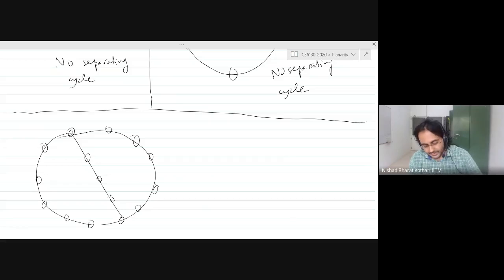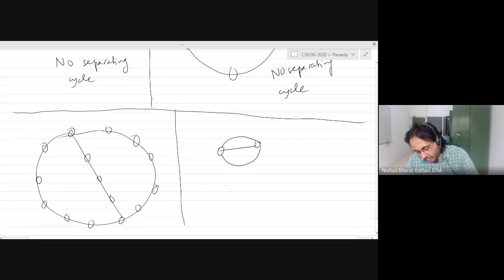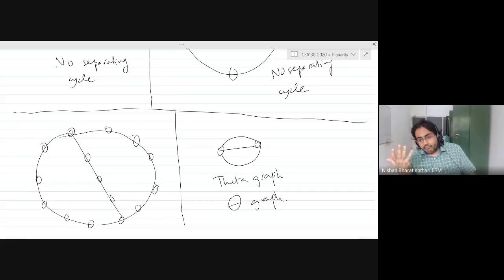To make it more precise, I'm going to use a multi-graph today. This multi-graph is called the theta graph. I think in the assignment, I use the notation theta graph because it looks like theta. This is a multi-graph, but you can take any subdivision of this and you will start getting simple graphs very quickly.